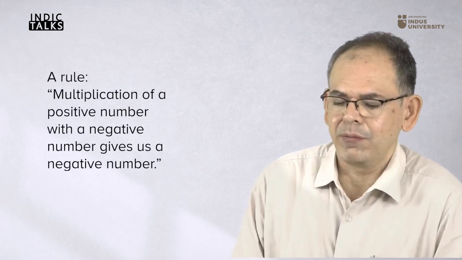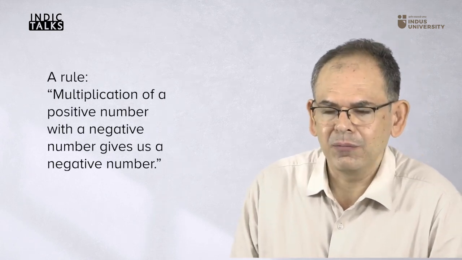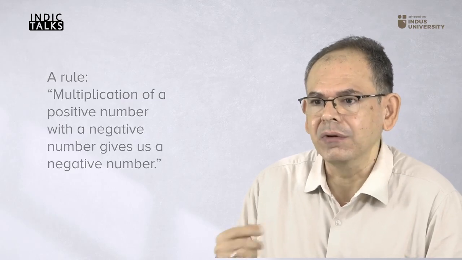Thus we have ab minus ab is equal to 0. This is how multiplication between a positive quantity and a negative quantity is defined, such that the multiplication obeys the distributive rule of multiplication. Now let us state the rule. Multiplication of a positive number with a negative number gives us a negative number.